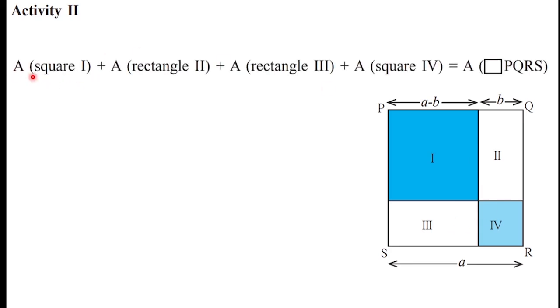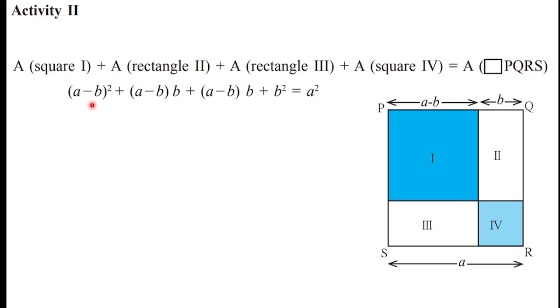So here we'll write area of square 1 plus area of rectangle 2 plus area of rectangle 3 plus area of square 4 is equal to area of square PQRS. Right? So here we'll write: A minus B the whole square plus A minus B into B plus A minus B into B plus B square is equal to A square.